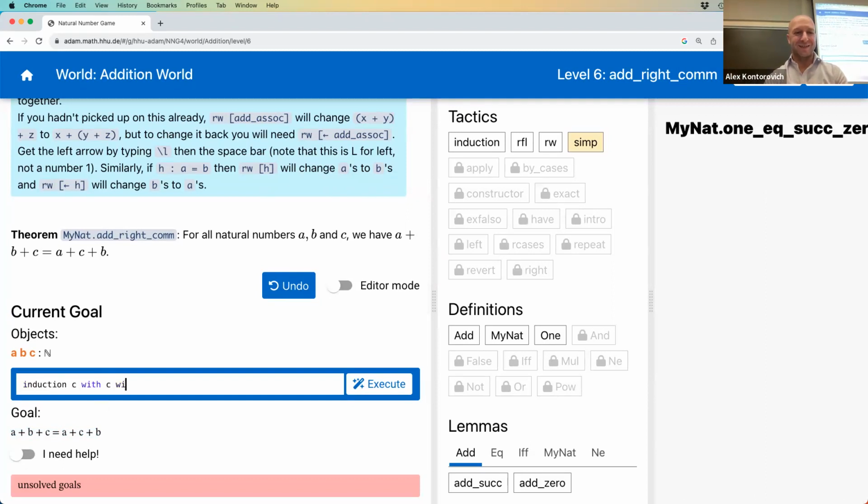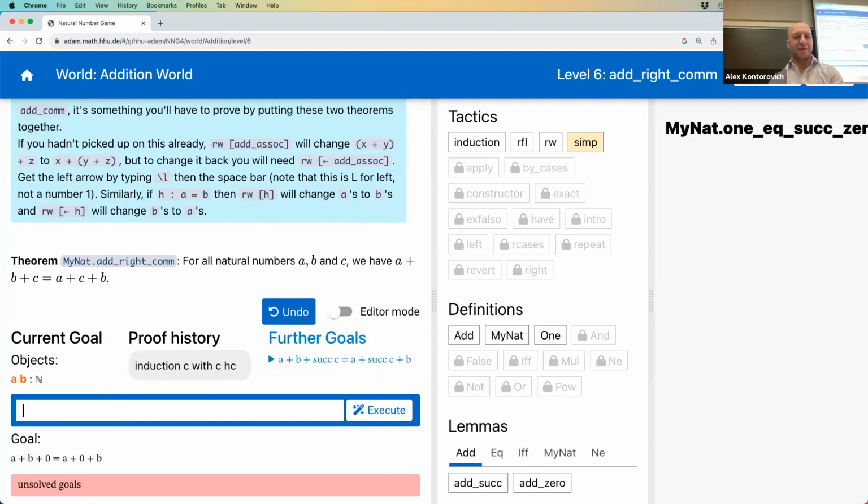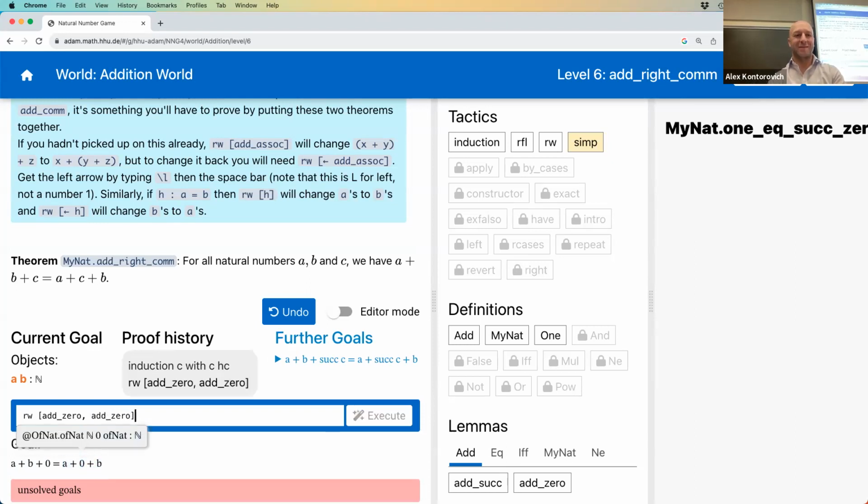Let's try that. Let's see HC. Okay. How come it's true when you have 0? add_zero. This will be add_zero applying to here. This will find the add_zero inside of this expression. So I think it's add_zero twice.